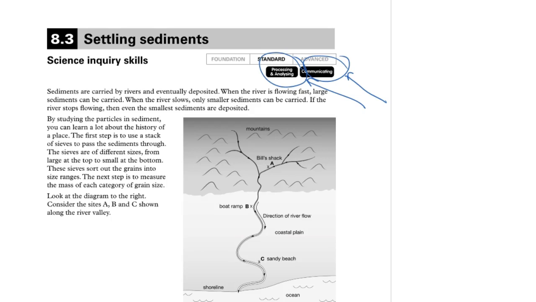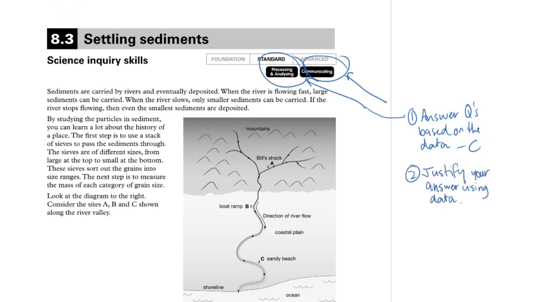When it comes to processing and analysing data, it depends on whether or not you can, number one, answer the questions based on the data, and that would be about a C level. And number two, can you actually justify it by using the data and explaining how that supports your answer? This can give you either a B or an A level, depending on how well you do this.